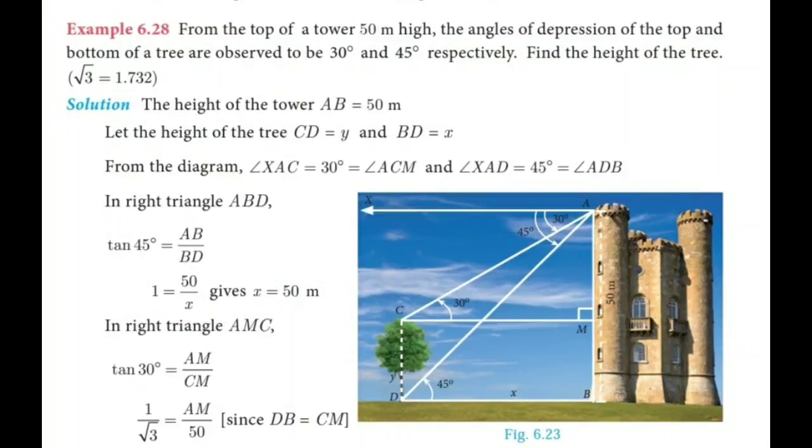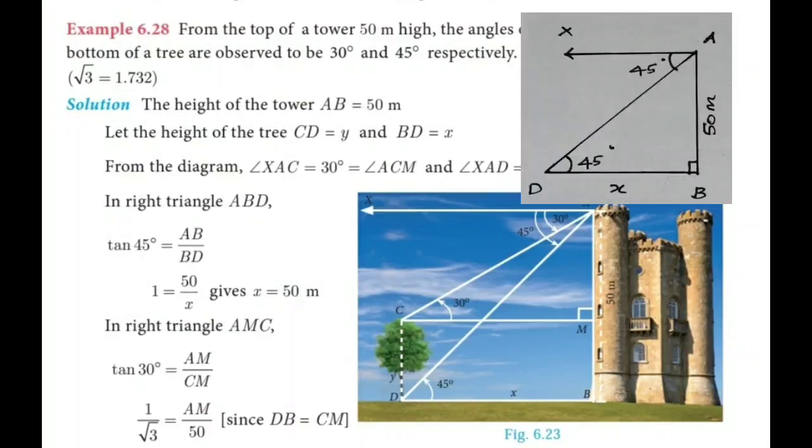And angle XAD is equal to angle ADB is equal to 45 degree. Here also alternate interior angles are equal. In right angled triangle ABD, tan 45 degree is equal to AB divided by BD.